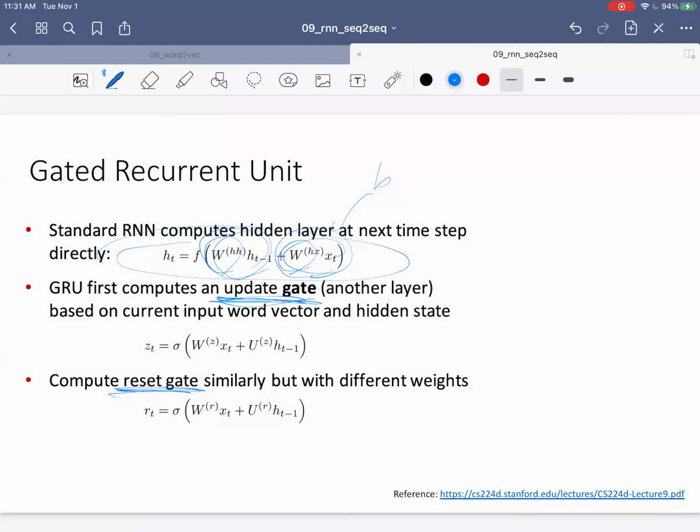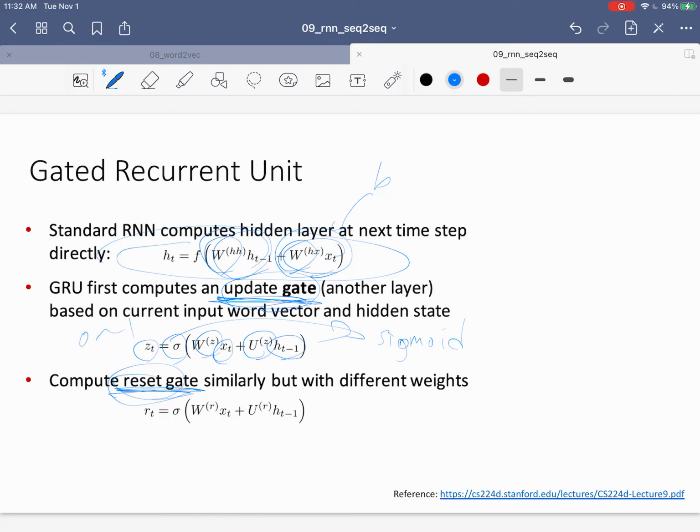You first calculate your update gate and your reset gate in almost the same manner. You use your current input and previous hidden layer, linearly transform them, and then push them through a sigmoid function. This is not tanh, this is sigmoid. It has to be a sigmoid because you want your Z gate values to be between 0 and 1.